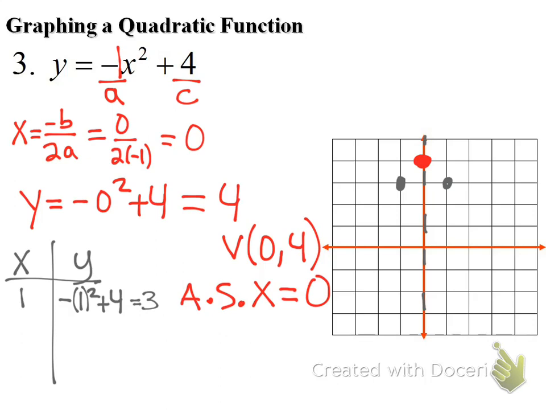So I'm going to plug in 2 as well. So when I plug in 2, I have negative 2 squared plus 4. What's 2 squared? 4, then you make it negative, then you add 4. Yep, so you get 0. So here's a point, and since it's symmetric, I also have -2, 0. I think that's definitely enough now.